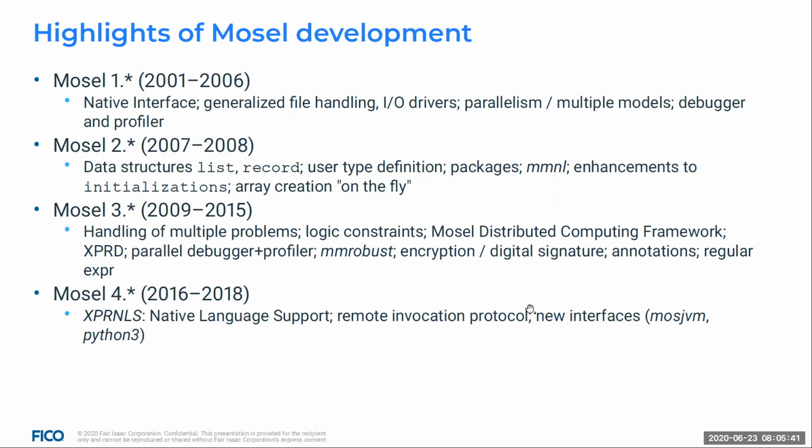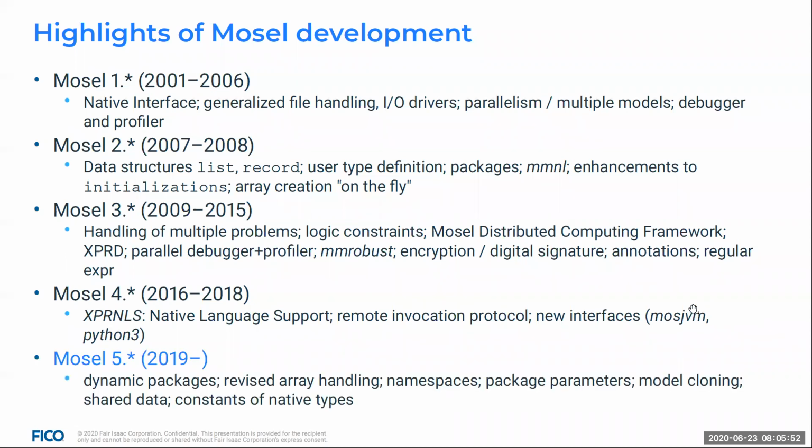In Mosel 4, we introduced, among others, native language support. We switched to UTF-8 as the default representation. And the present series, Mosel 5, was started last year. And as you can see, there are many programming features again.